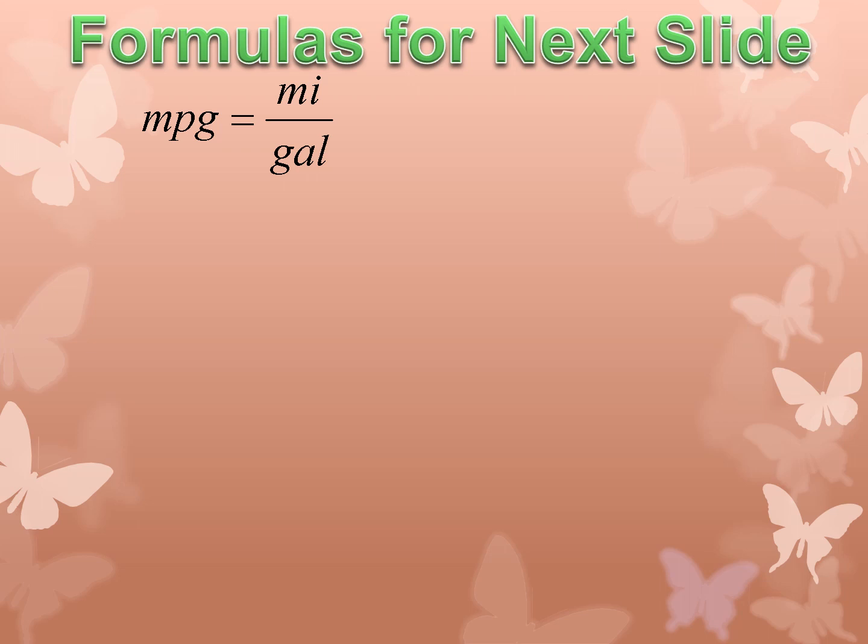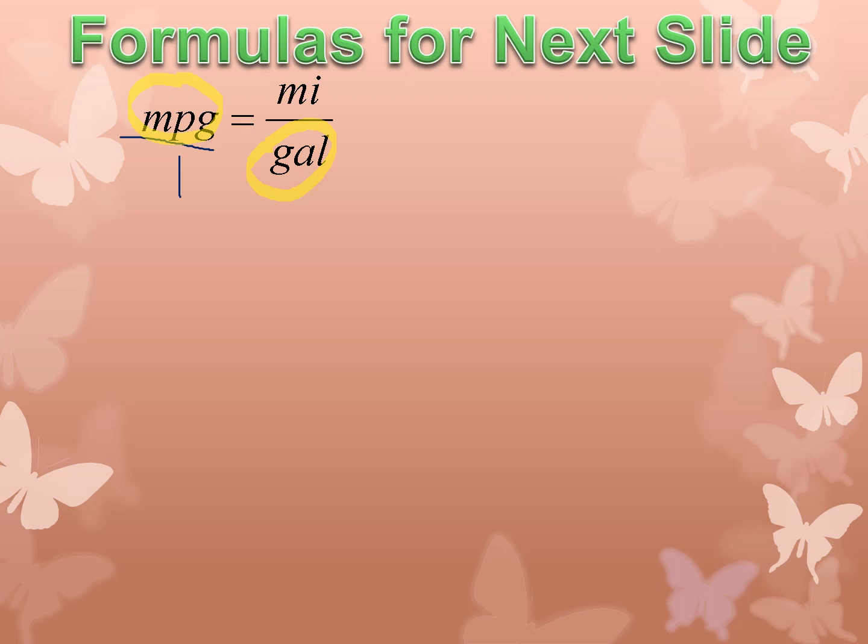Well, check this out. We can put miles per gallon over 1. And if you remember your rules, now we've got a proportion. And if you remember your rules for proportions, that means we can take miles per gallon and switch it with gallon.